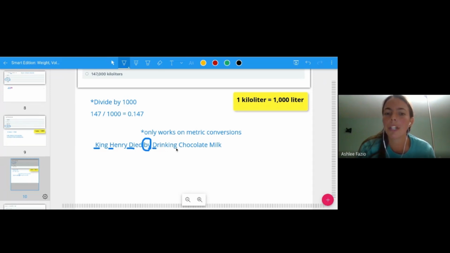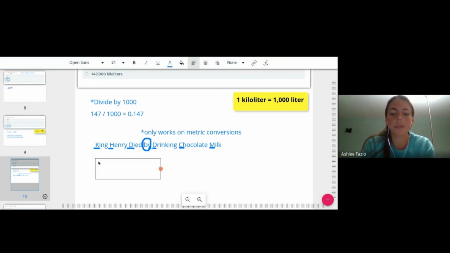So when we're doing the metric system, we might have grams, or liters, or meters, when we don't have a prefix in the front. That's our base. So what these stand for: we'd have kiloliters, hectoliters, I think this would be decaliters. I always forget these two.